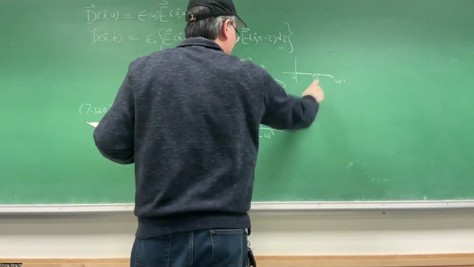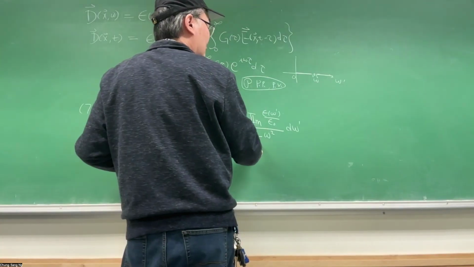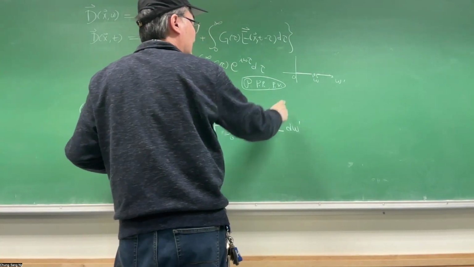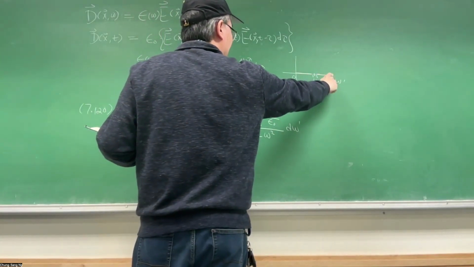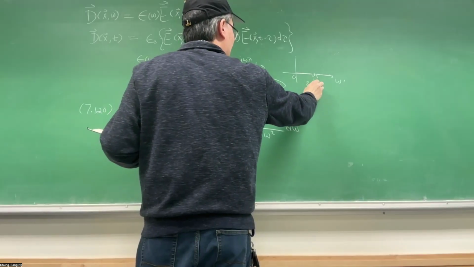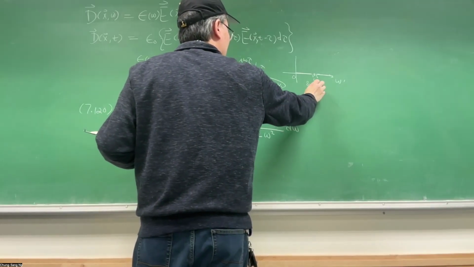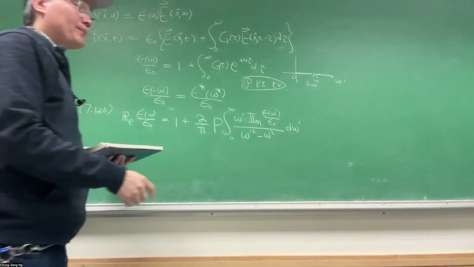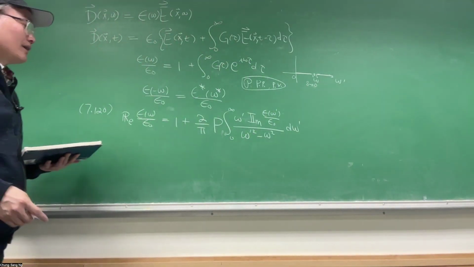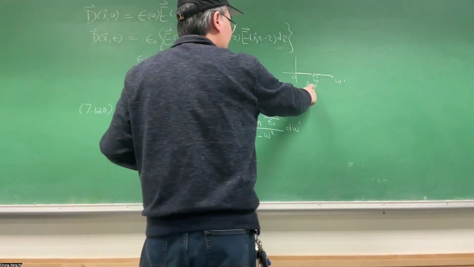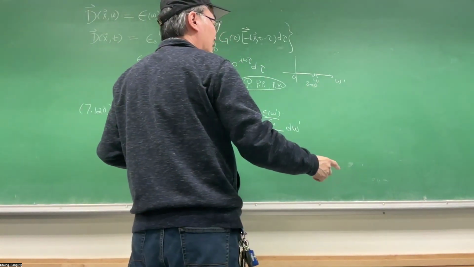If you integrate straight through, you hit the singularity and the integral is not defined. If you skip it, it is defined, and afterward you take the limit of delta going to 0. Obviously, that is only possible if the limit is not singular.